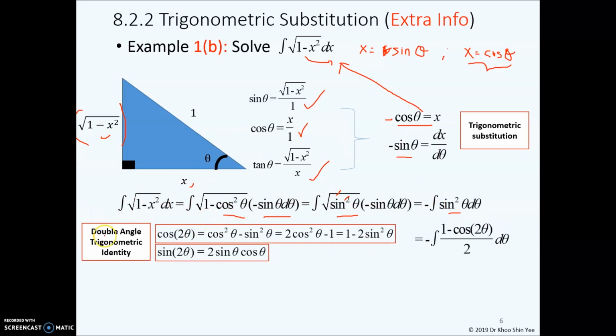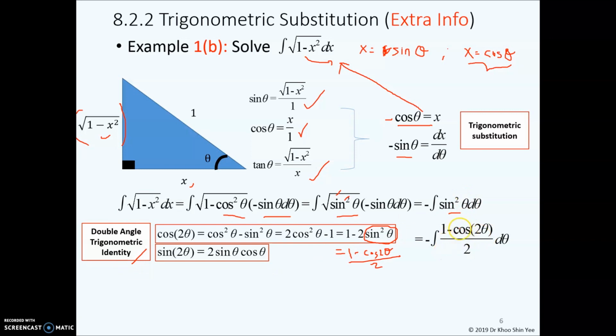Then we can use the double angle identity to reduce the sine squared angle into cos 2 angle. So look at this function: sine squared angle will be equal to, we bring the 1 minus to the left hand side, we get 1 minus cos 2 angle divided by 2. So it's very important that you're familiar with the identity so that you know when to apply it.